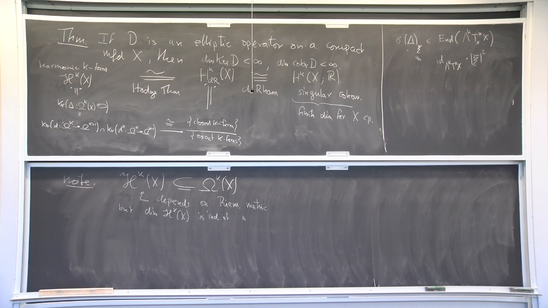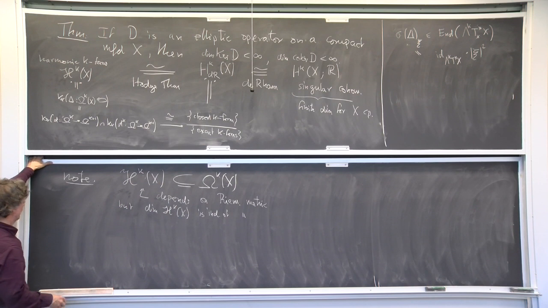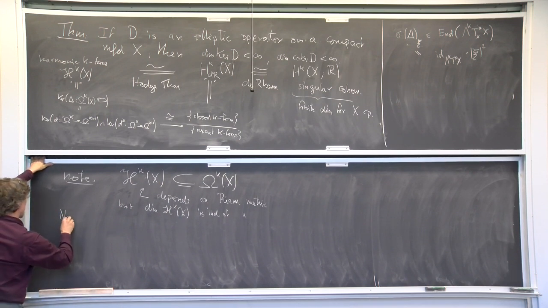Whenever you have an elliptic differential operator, the dimension of the kernel and co-kernel are finite by this main theorem. You might think they should not depend on the details. So in particular, as you deform your elliptic differential operator, you might think that the dimension of these things is independent of that. This is not true.